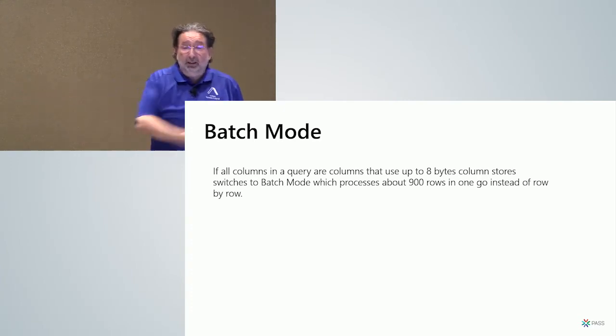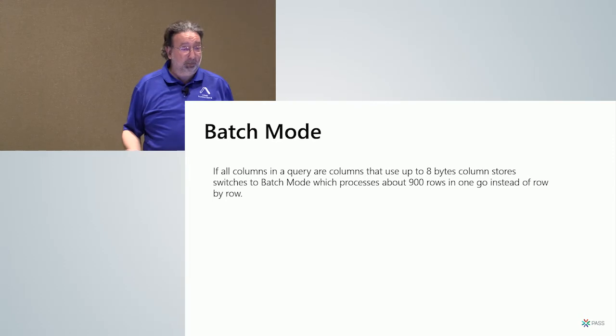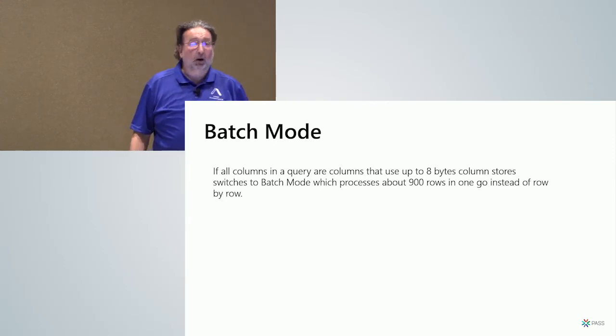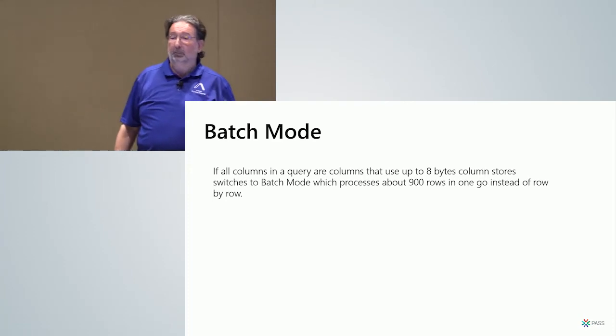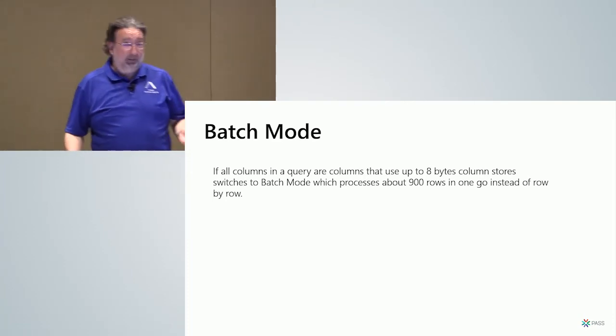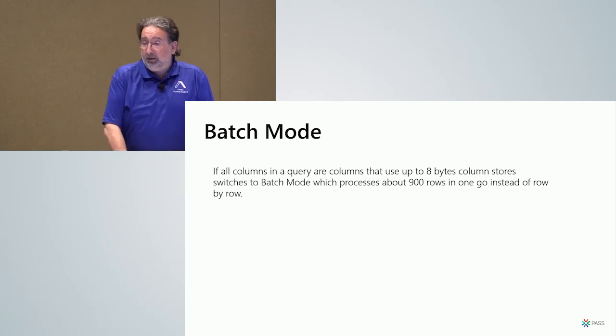So processing almost 1,000 rows in one go instead of one by one, another big win in the whole thing. Only can happen if the rows are less than or equal to 8 bytes. And this is why. Because some genius about 10 years ago that makes CPU chips came up with an idea. We're really at the limits of what we can squeeze out of these chips, but we can do more things in parallel.